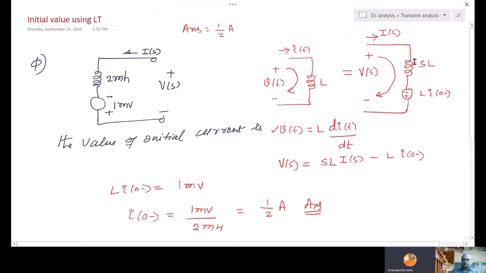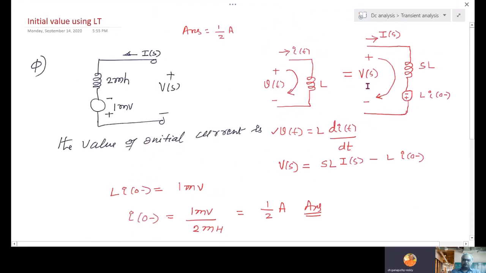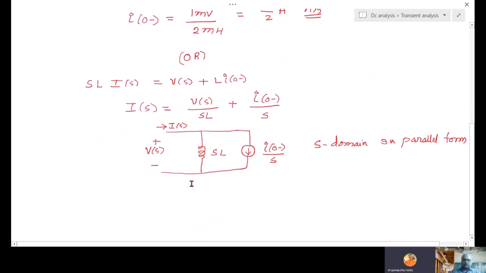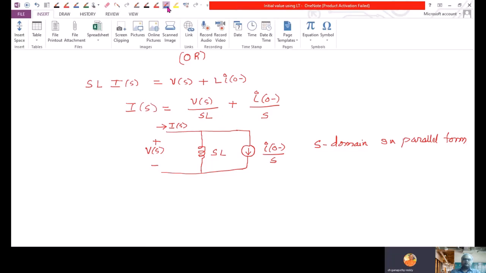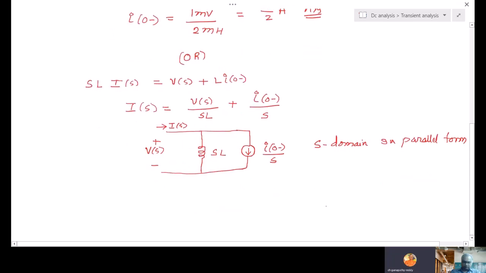Whereas this one is also S domain in series form. So inductor in time domain has one circuit, in frequency domain two circuits. One is in series form, other is in parallel form. Similarly, you can try for capacitor also, in the same way.